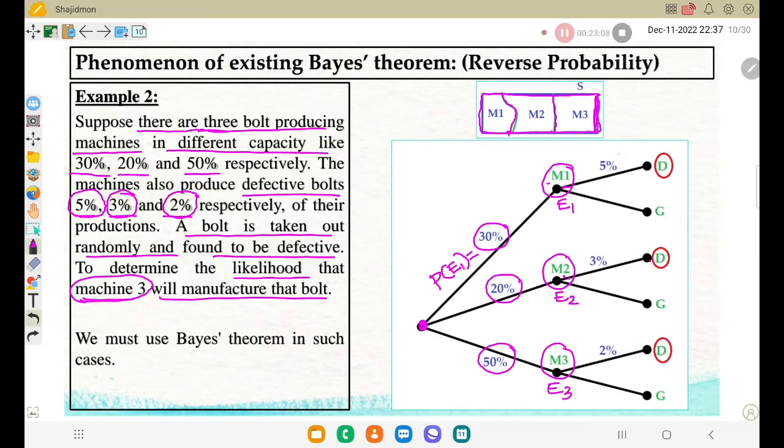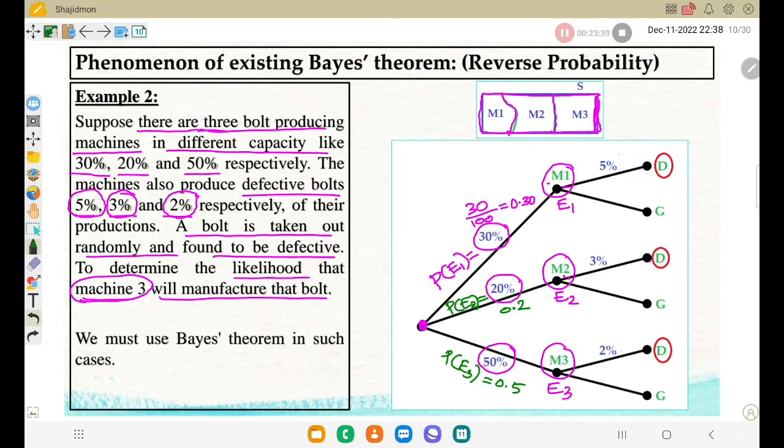So what is the probability of E1? 30%, and we need to convert it into a number: 30 divided by 100, so the probability is 0.30. The probability of E2 is 20%, that means 0.2, and the probability of E3 is 50%, that means 0.5.